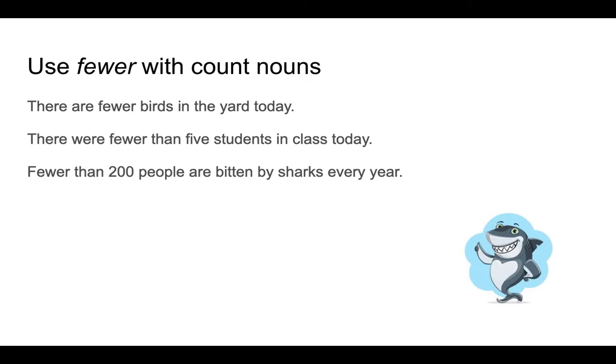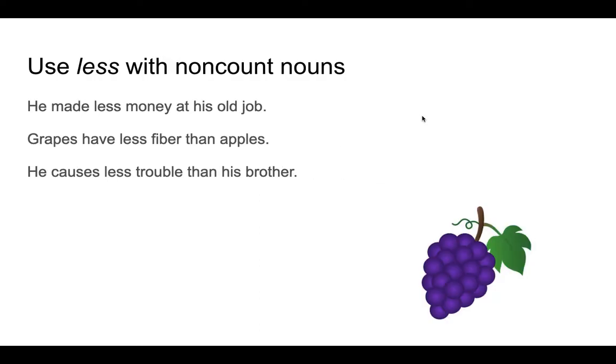Fewer than 200 people are bitten by sharks every year. So these all use fewer to express quantities of count nouns. And use less with non-count nouns. He made less money at his old job. Grapes have less fiber than apples. He causes less trouble than his brother.